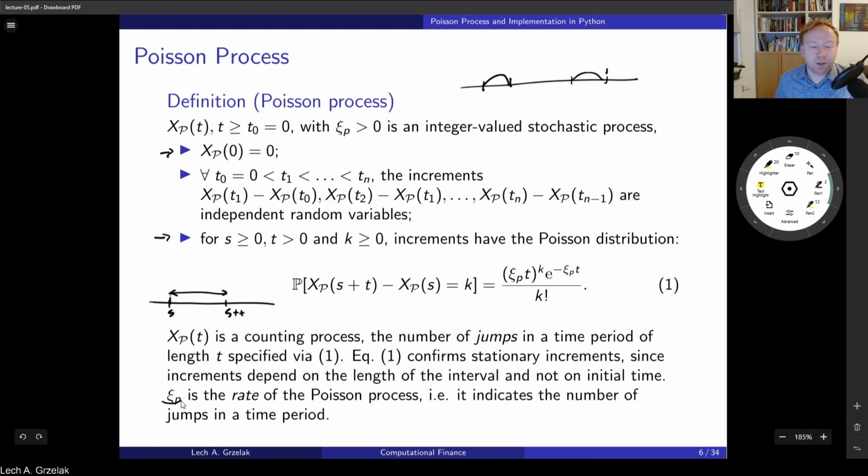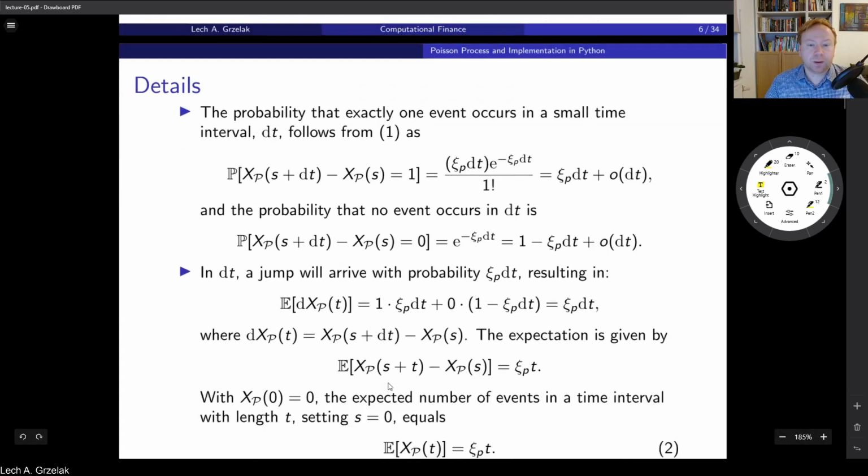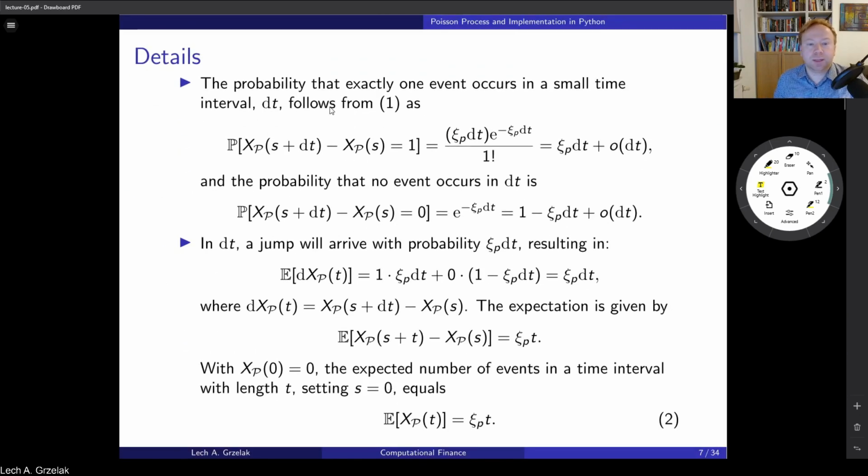Xi p is the rate of the Poisson process. It tells you the average number of jumps that we have in a specified period. Now, the probability that exactly one event will occur in a given, possibly small, time interval dt. As I already mentioned before, we use dt, but proper notation would be delta t, which is a discrete version.